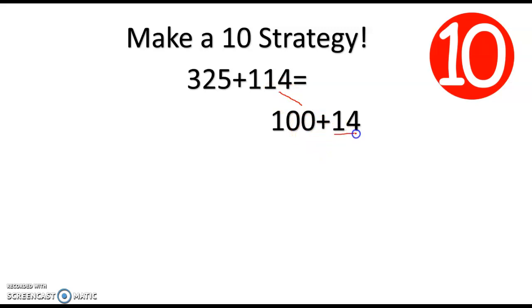What if I steal 5 from 14 and bring it over here to make 330? It would leave me with 9. So I brought 5 over, I made 330. Now I've got 100 plus 9 over here. 330 is a lot easier to work with than 325.